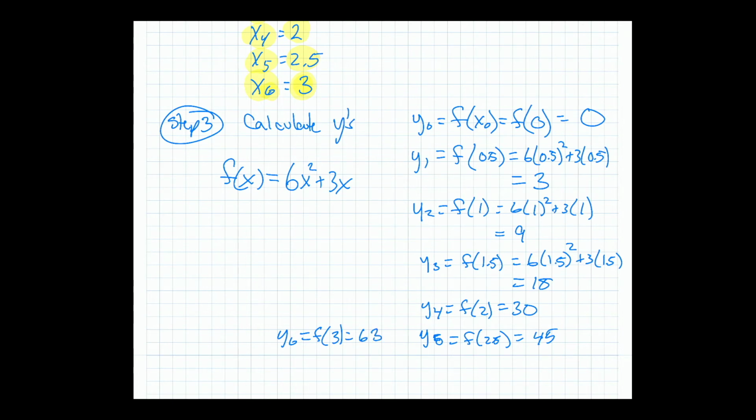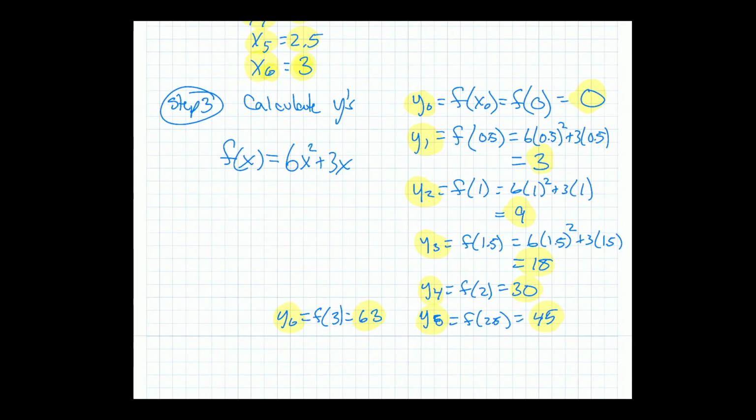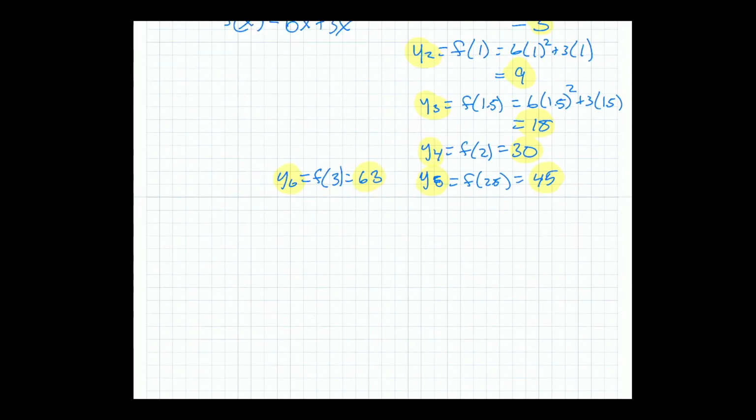All right, so we have all of them now: Y0, Y1, Y2, Y3, Y4, Y5, and Y6. So you have all your Y's. Once you have your Y's, we can calculate our approximation.